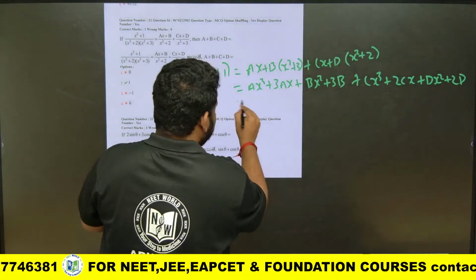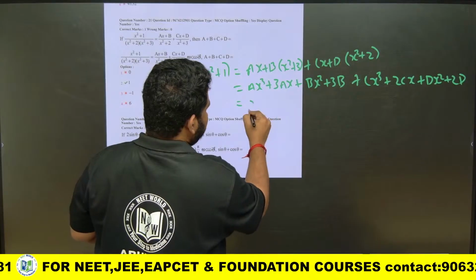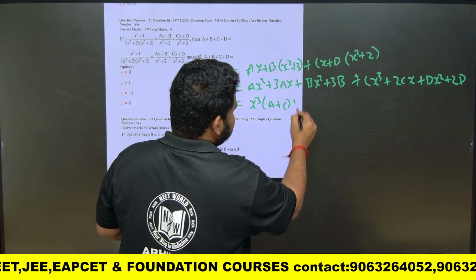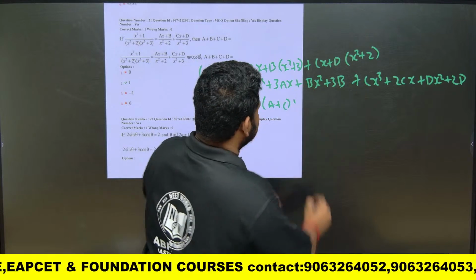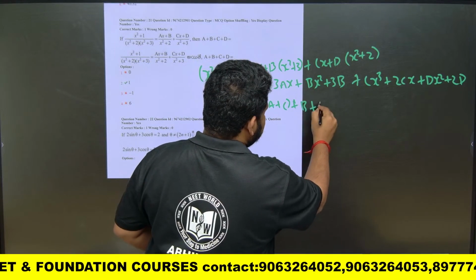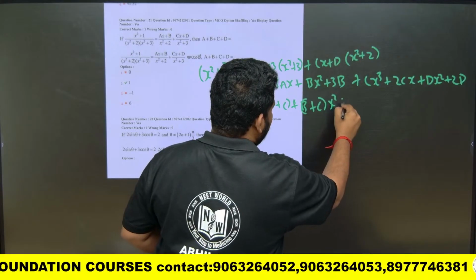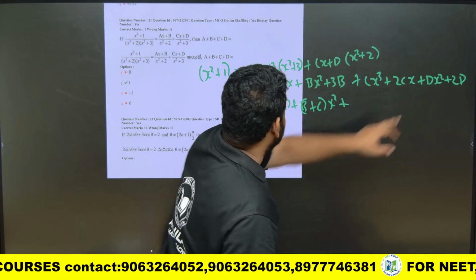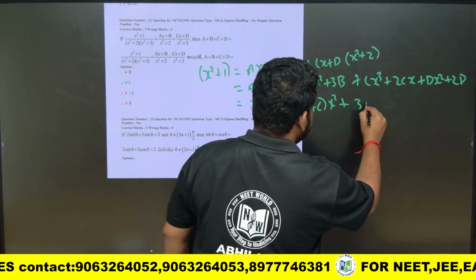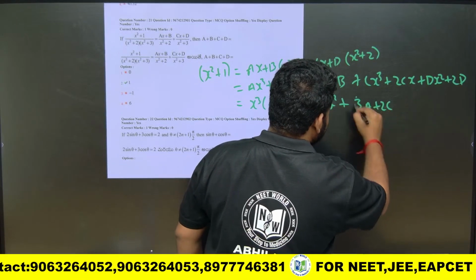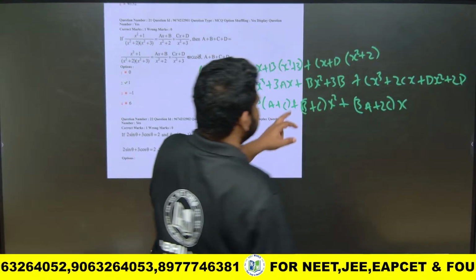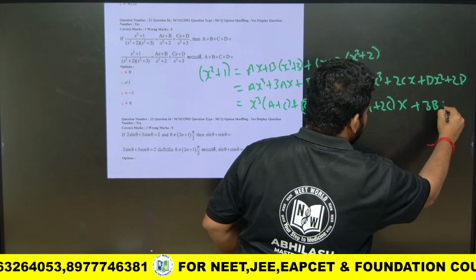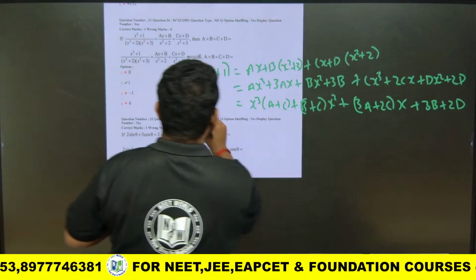Now I will write down the coefficients together. x cube has a plus c, x square has b plus d, x has 3a plus 2c, and the constant is 3b plus 2d. So, equating the coefficients with the LHS.